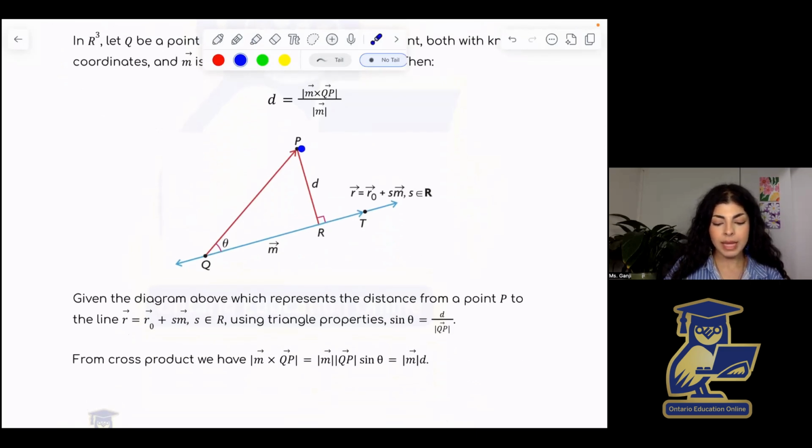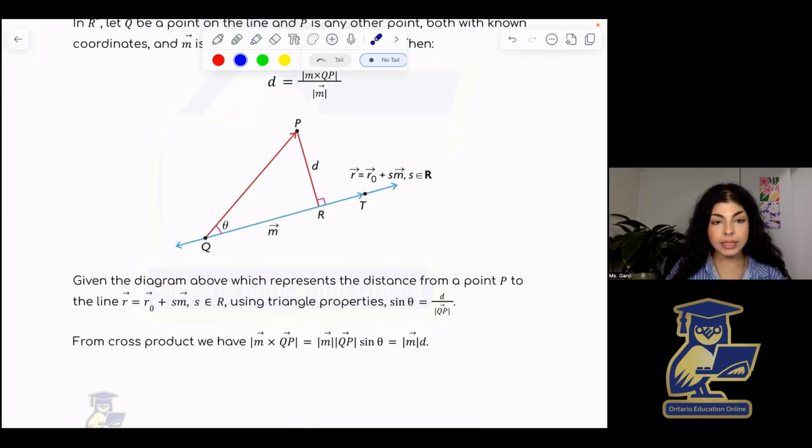This is point P, and Q can be any point on the line. And so again, we've drawn that shortest distance between point P and the line, which is formed by the perpendicular line.